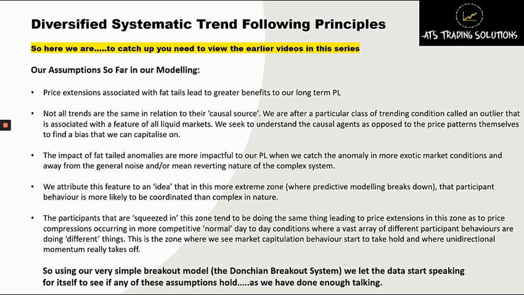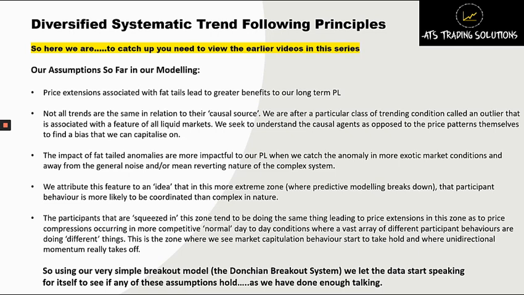The participants that remain in this zone are either predating on this event, such as us price followers, or participants who have been warehousing risk and are now being squeezed in this zone. The impacts in this extreme zone are large, as predictive behaviour of those being squeezed is making them drop their predictive models and do one thing: rush for the exit gates.